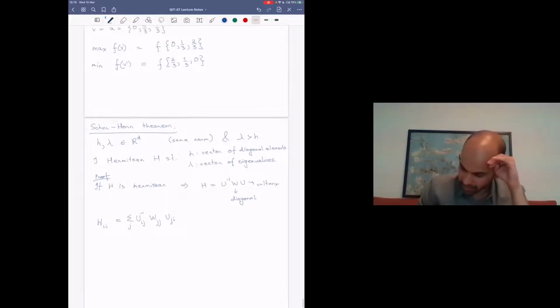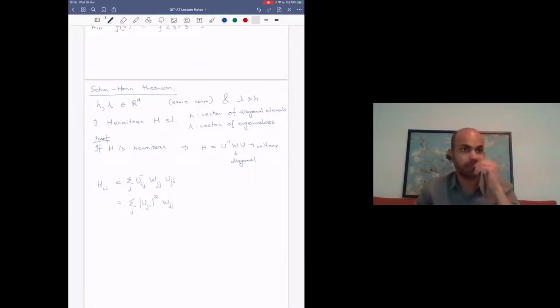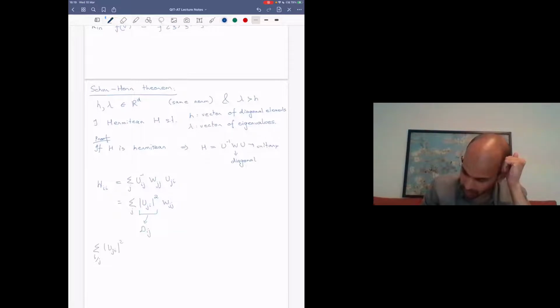Using the property that U is unitary, we know that U inverse is U dagger. So this becomes the sum over j of |U_ji| squared times W_jj. But this |U_ji| squared I can call D_ij, and the reason I call it D is that the sum over i or the sum over j of |U_ji| squared is equal to 1.